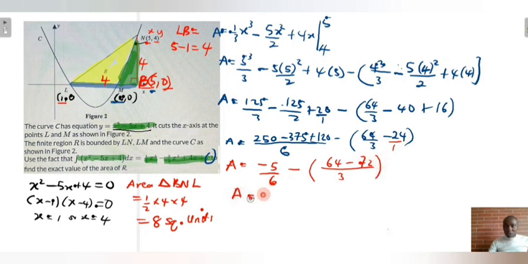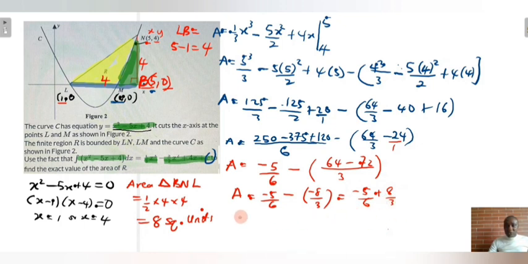So this area will be equal to minus 5 over 6 minus, so 64 minus 72 is minus 8, then all over 3. So we can work this out as minus 5 all over 6, and minus times minus is plus 8 over 3.